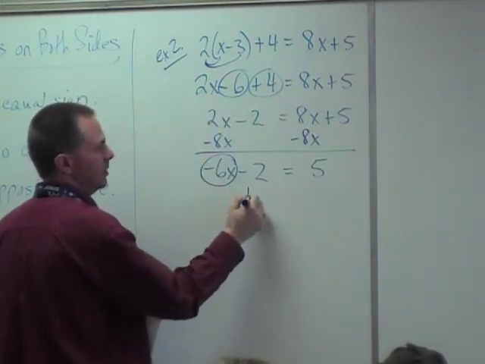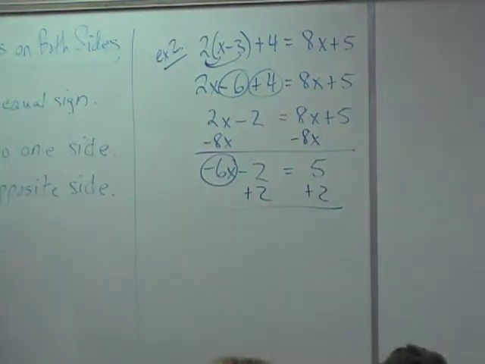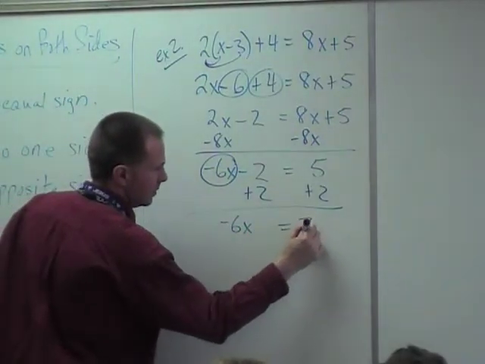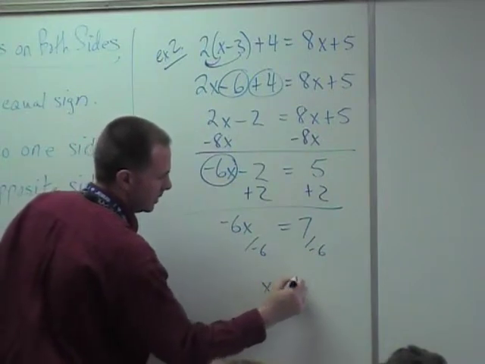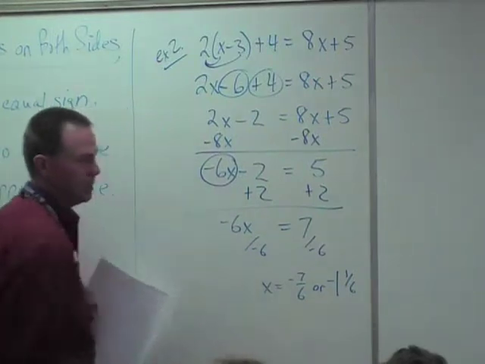Solving for that term, get rid of this term. That would be step 3, move all other terms to the other side. Divide off the -6, x equals -7/6, or -1 and 1/6. Who got it right?